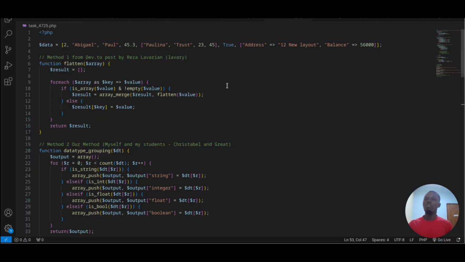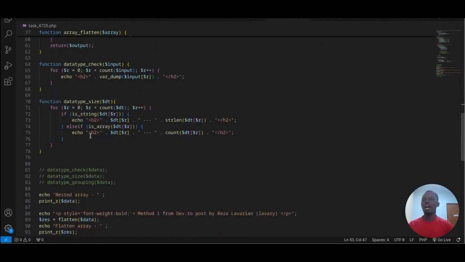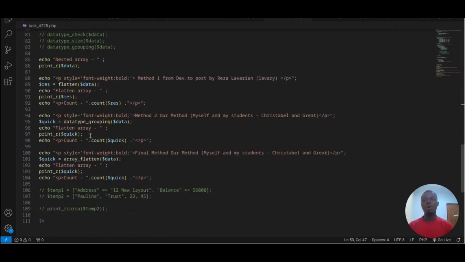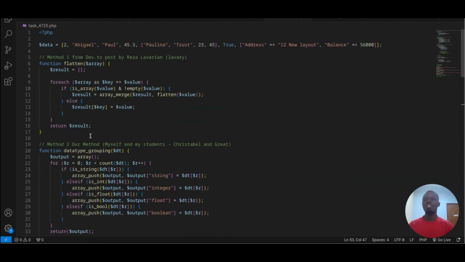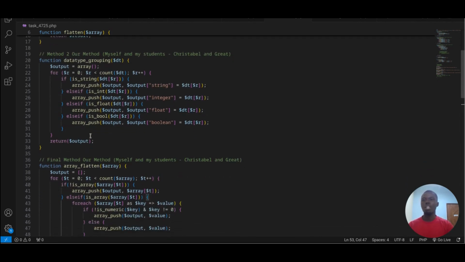Then we decided to go back and try our own method using this other function. We created an empty array, looped through the array, and found those that are strings and pushed them to the array. Those that are floats or integers, we put in the array.